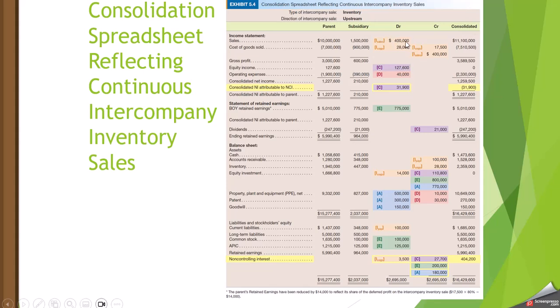Our I sale is the same as it was in chapter 4. Eliminate the total intercompany sales against the cost of goods sold. Our beginning inventory adjustment credits our cost of goods sold, and our ending inventory adjustment debits cost of goods sold. Our ending inventory adjustment is reducing our inventory to bring it down to cost.